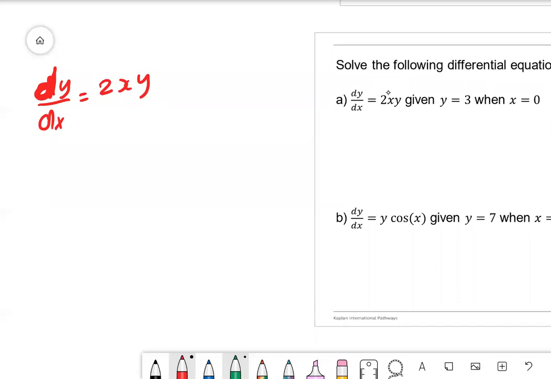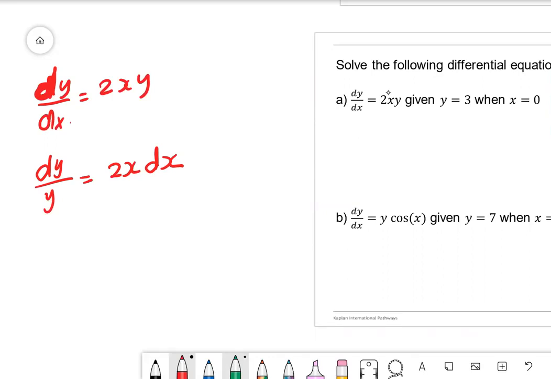So if we divide by y and move this dx to this side, this is going to be dy over y equals 2x dx. So now I have the y's on one side and the x's on the other side.